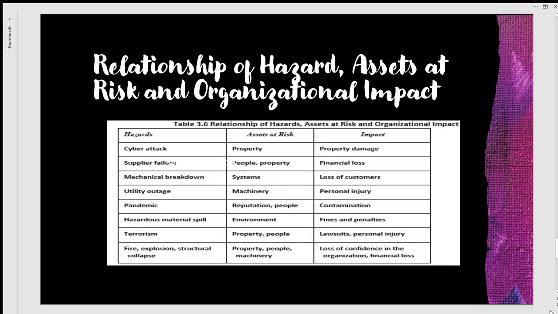Now let's move on. So this is the relationship of hazard, assets at risk, and organizational impact. Now let's say we can say na pagka mataas yung impact, dapat yung organization should consider creating a mitigation strategy.